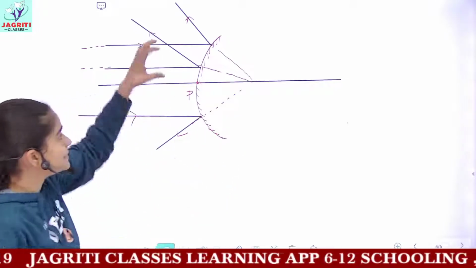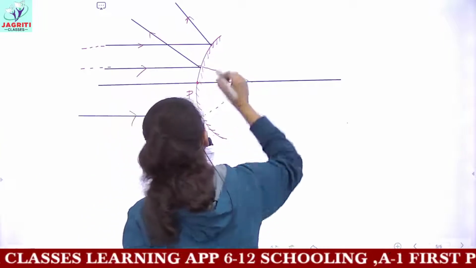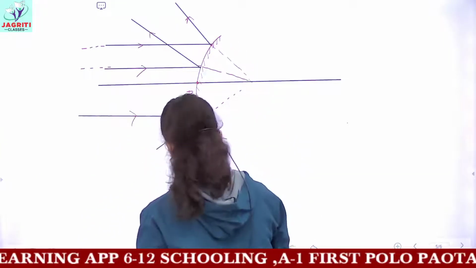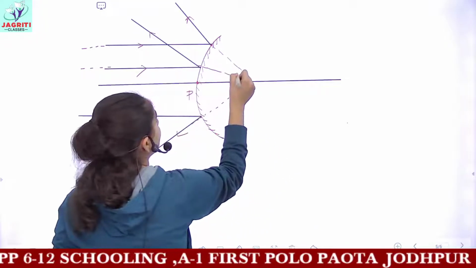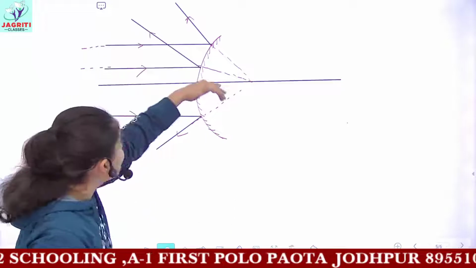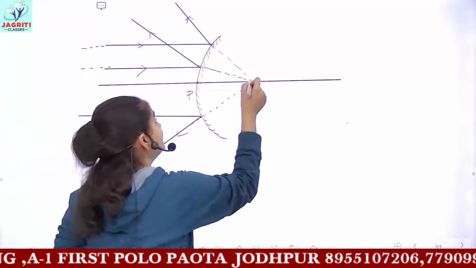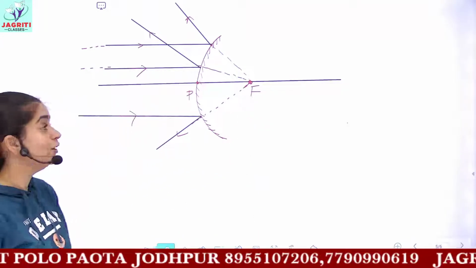And when you trace them back, okay, trace them with a perfect dotted line. And when I extend them backwards behind the mirror with the dotted line, then they appear to meet at a point, and this point is known as principal focus.